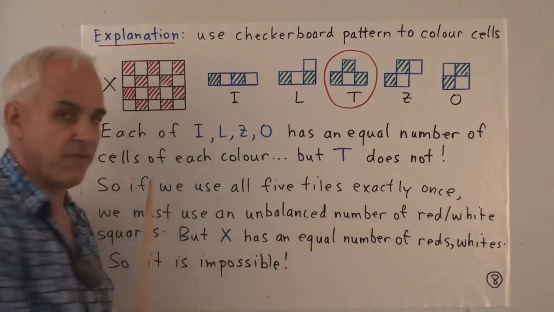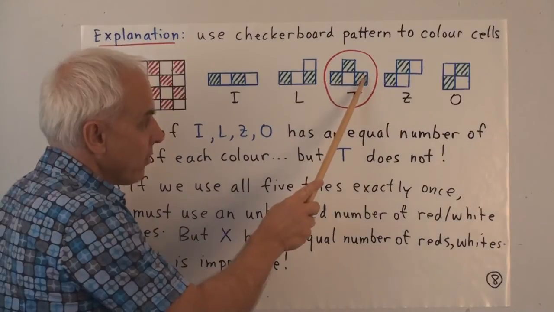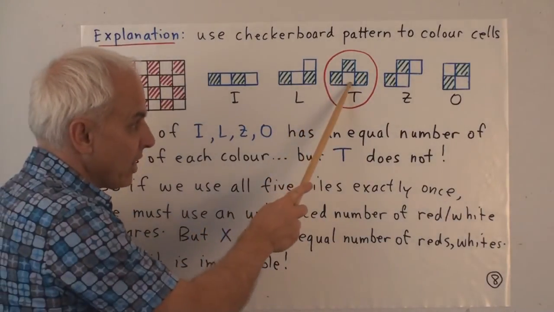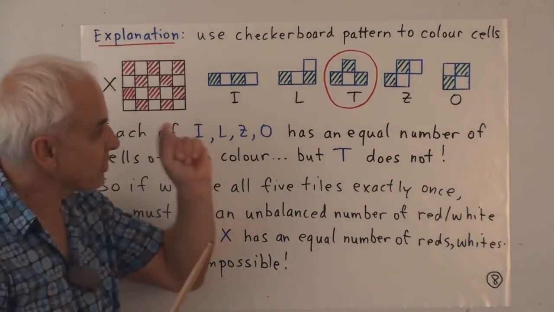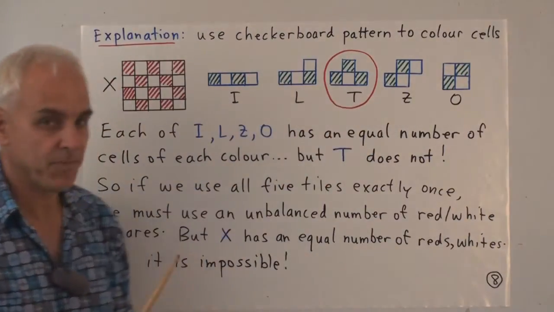This one here is a little bit different. Green, white, green, green, alternating. Or it could be white, green, white, white. Either way, there's something different about this one and all the others.